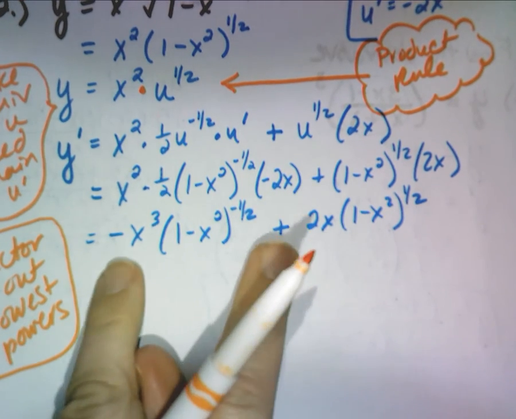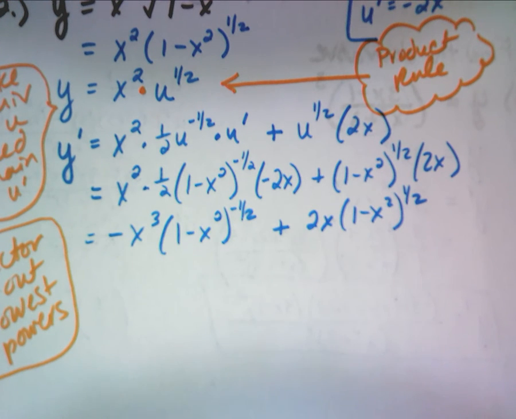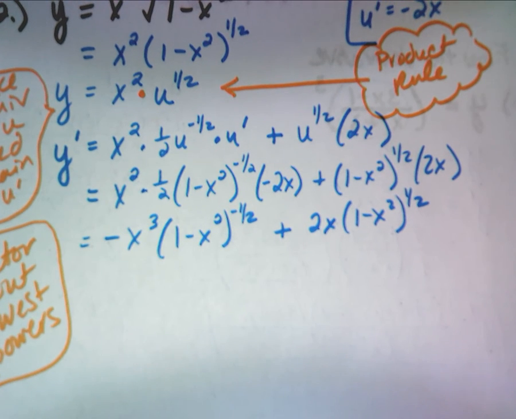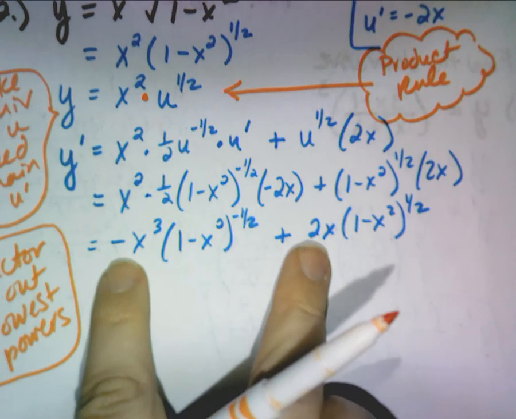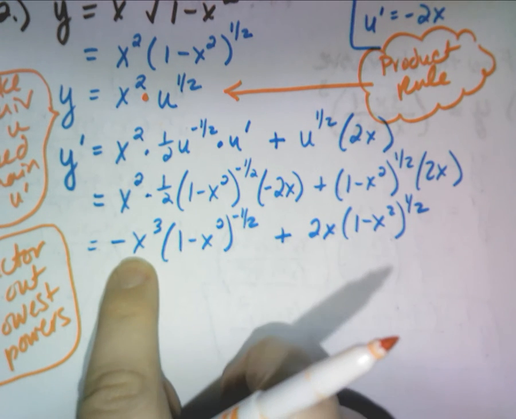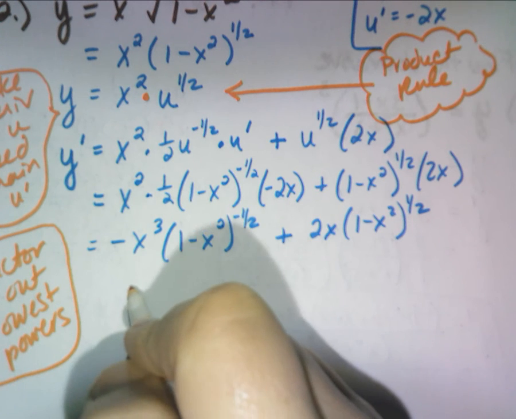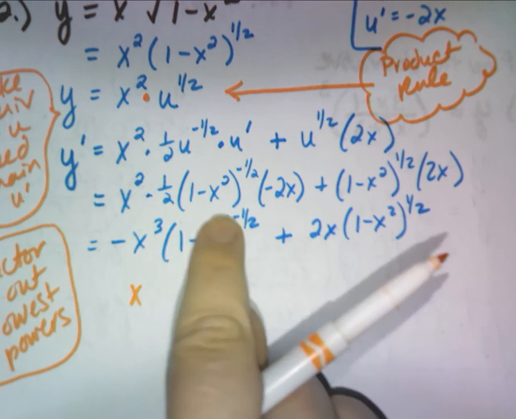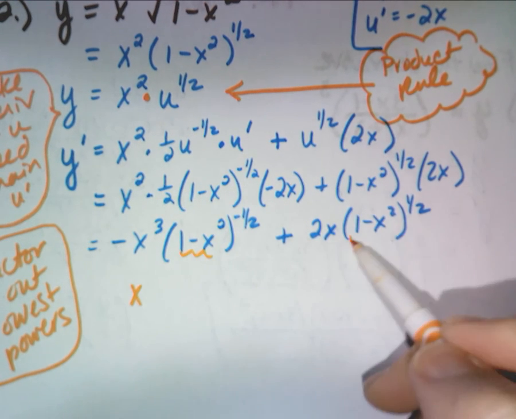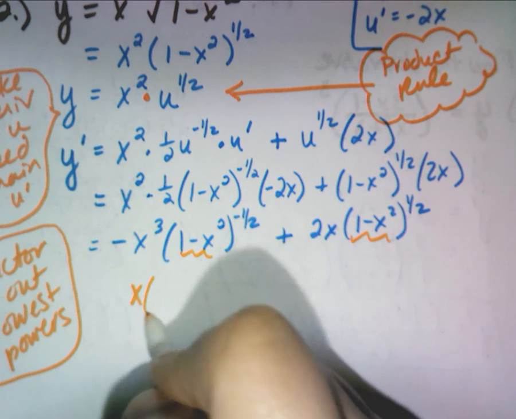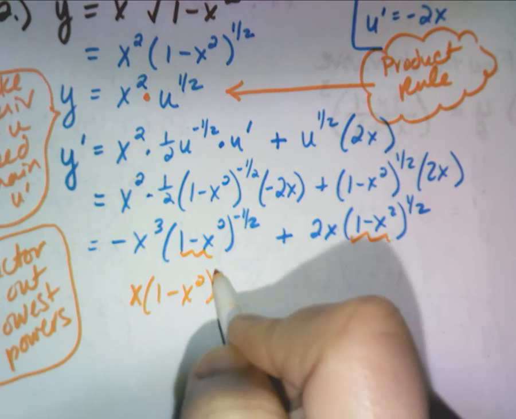So let's start with the monomial parts first. What could I factor out from these two right here? Just an x. You could factor out a negative, but I'm just going to factor out an x. And don't they have this same quantity? What power am I going to factor that out? Negative 1/2.